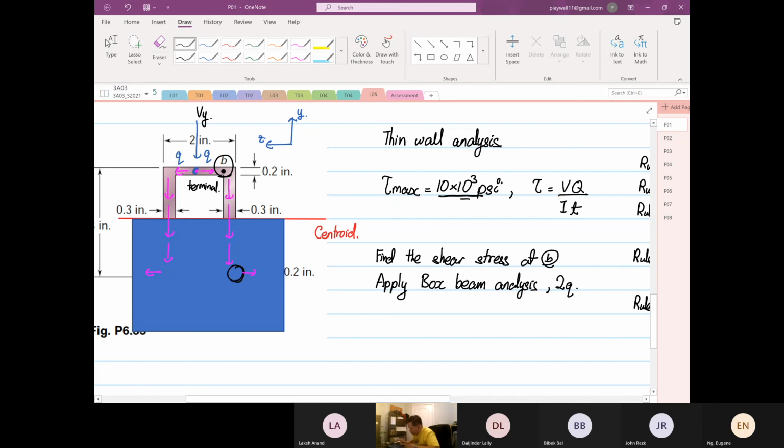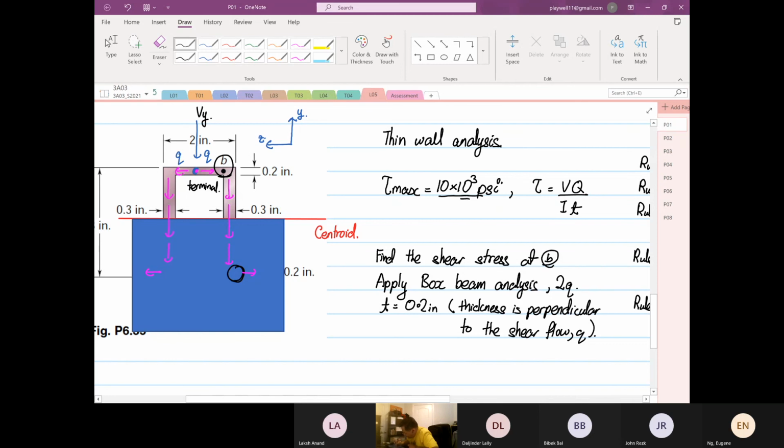Okay, so from here, because it's thin wall analysis, t is equal to 0.2 inches, because the thickness is perpendicular to the shear flow Q. Okay, so the area that we are going to analyze is this area.